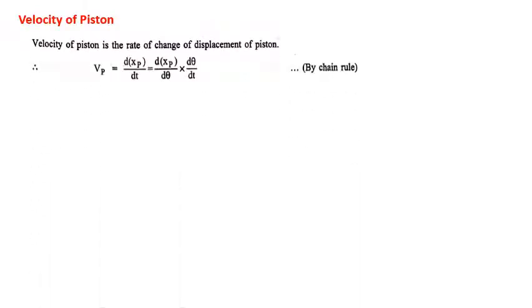Next is the velocity of a piston. We know that the general definition of velocity is the rate of change of displacement with respect to time. Here the displacement is xp. If we differentiate this xp with respect to time, we are going to obtain the linear velocity of a piston.